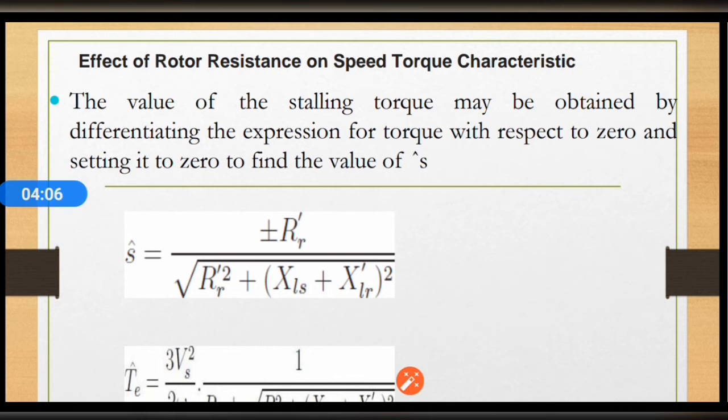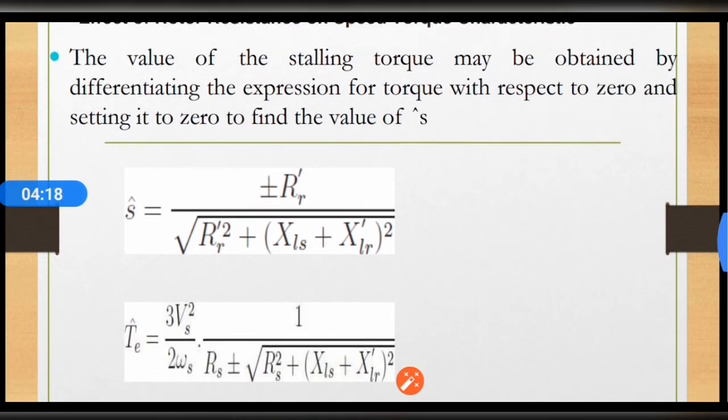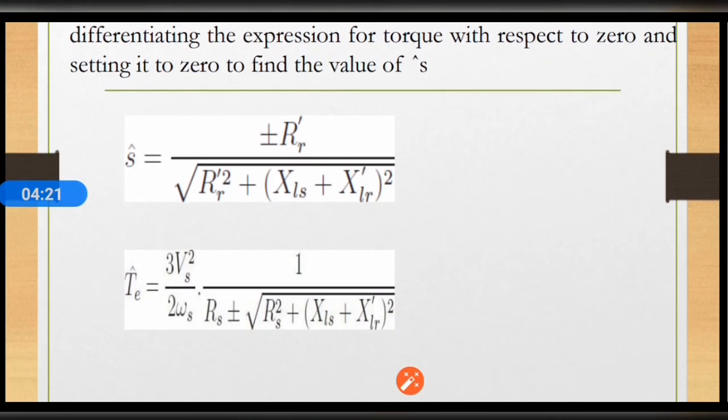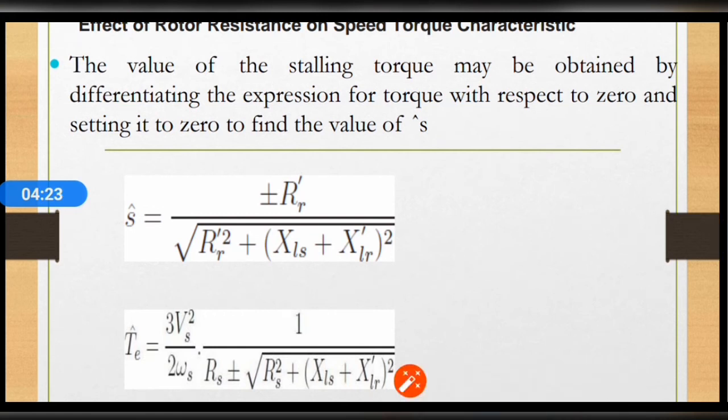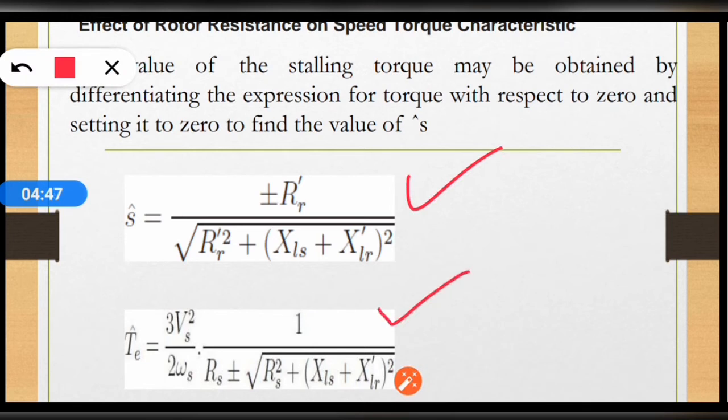We differentiate the torque expression and put the value equal to 0. Setting it to 0, we will find the critical value of slip. The critical value of slip comes out to be this expression, along with this expression for the electromagnetic torque.